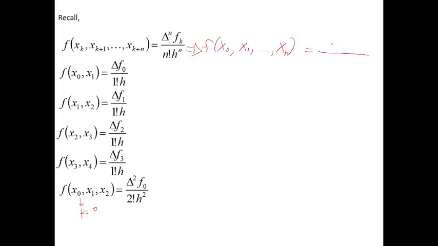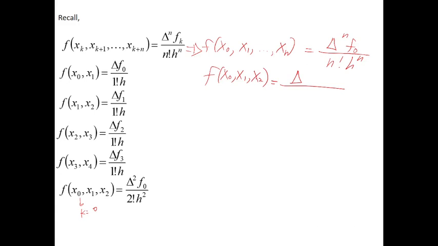Then, delta to the power of n, f sub 0, kasi k is 0. Okay? Over n factorial h to the power of n. So, dahil kinonsider natin hanggang x2, x sub 0, x sub 1, x sub 2. So, this is second order, diba? Kasi tatlo sila. Second order divided differences.